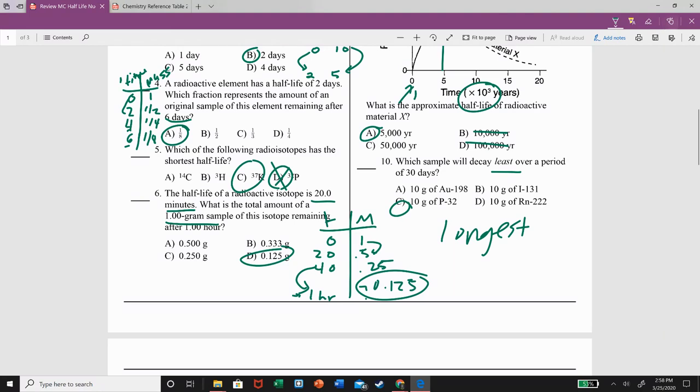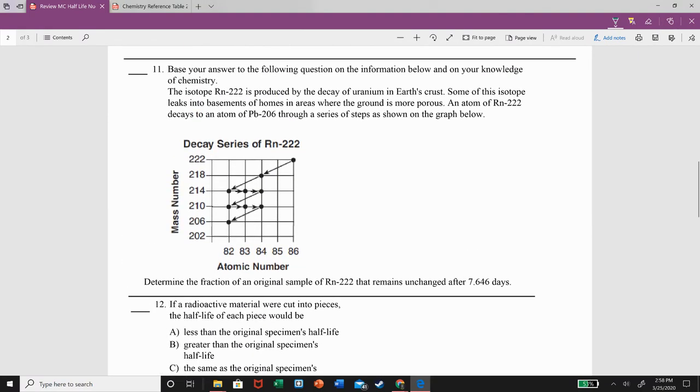Okay, so let's move on to our second page. Here we have a decay series, which looks like the kind we did in your notes. I want to determine the fraction of an original sample of radon-222 that remains unchanged after 7.646 days.